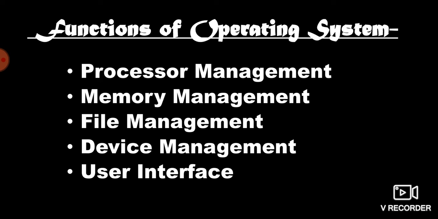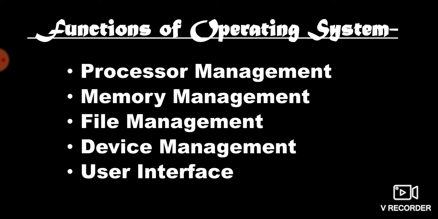Okay, next is memory management. You can understand this is a very important part of the computer, because we deal with the memory whenever we work on the system. Whenever you start any program, it runs on the primary memory, and as you save it in the computer, it goes into secondary memory.